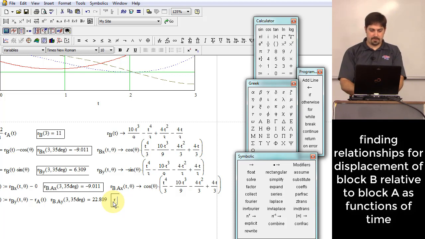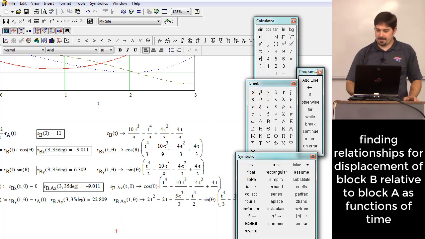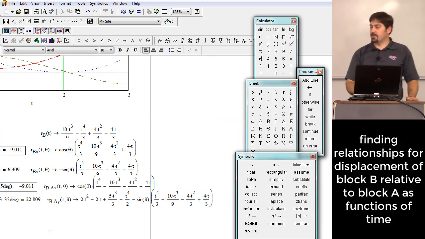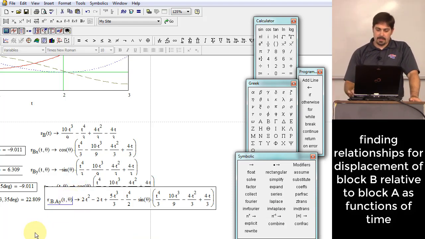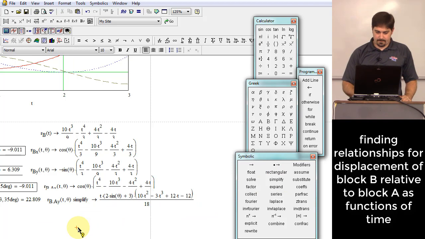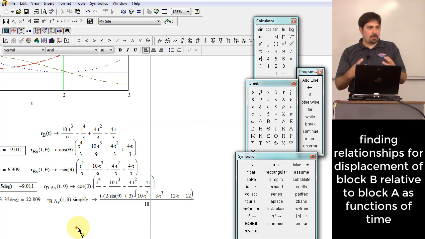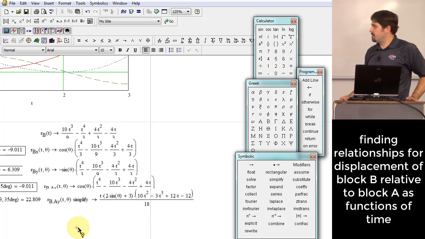R of B relative to A in the y direction is the same type of thing for T and theta with a symbolic evaluator. You'll see there, it doesn't really try to reduce it at all, but that is a valid function. There's some other neat things that you can do. If you would like, you can ask it to simplify this. Sometimes it comes up with a little bit better or more compact expression if you ask it to do that.